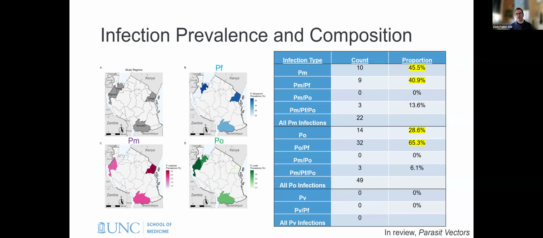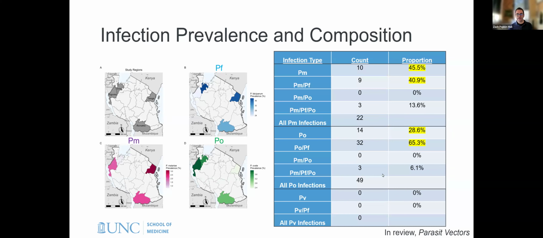Again, we also wanted to look at the infection composition to see how frequently these infections were co-infected with falciparum. On the top, again, we're looking at PM. What's interesting here is that we actually see a different trend than we did in the symptomatic patients. We have a slight plurality of PM infections that are single species infections, just PM, not infected with anything else, although there are a very similar number of PM infections that were co-infected with PF.